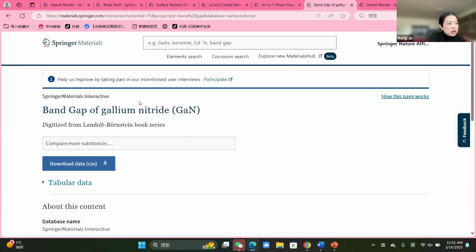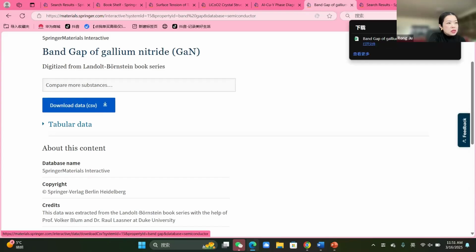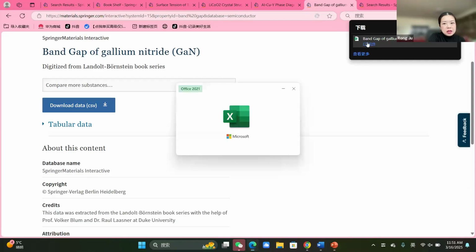Then the next example is about semiconductors. For example, for gallium nitride, we can measure its band gap. So here we do offer you the CSV download. In this file, you can have all the data for the band gap of gallium nitride.